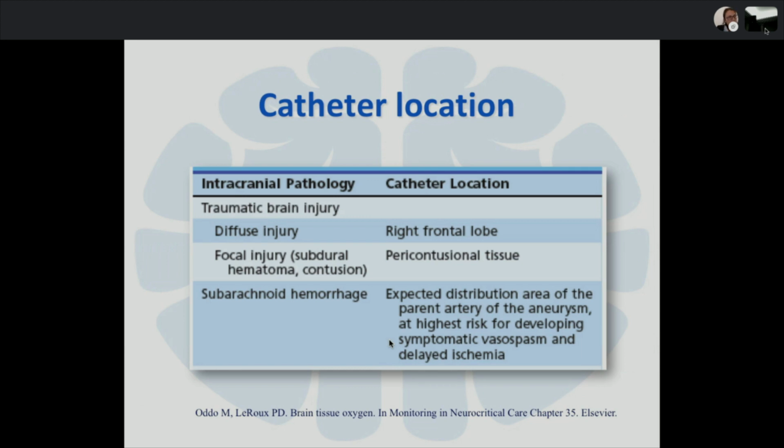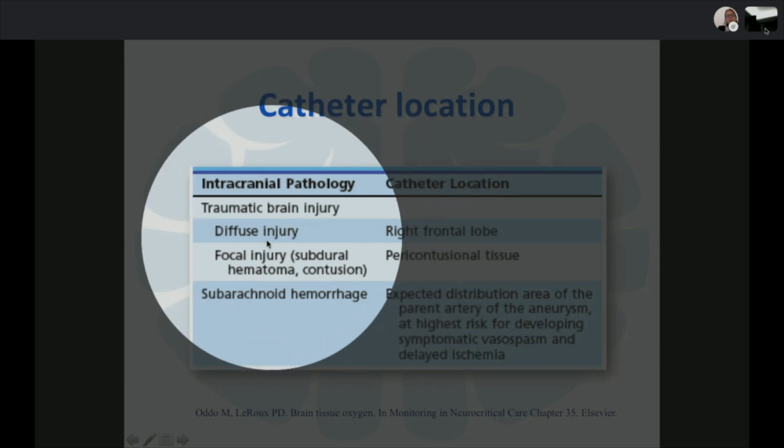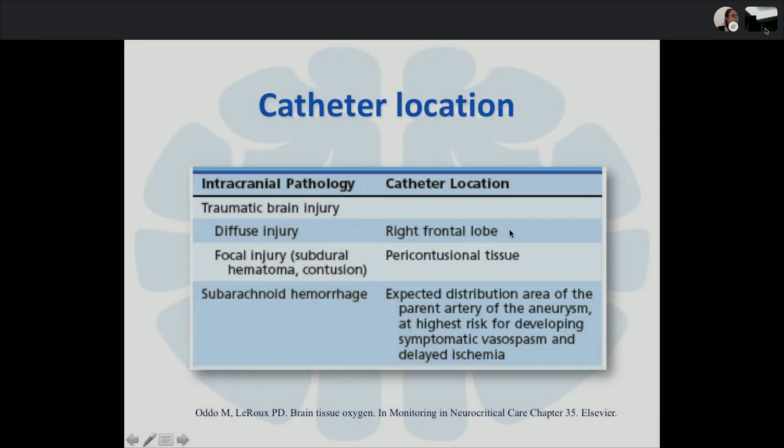So again, even in this case, the location of the catheter is very, very important. Generally, this is placed by a neurosurgeon, and it depends on the type of intracranial pathology. In traumatic brain injury patients, for example, if we have a diffuse injury, the probe is generally located in the right frontal lobe.